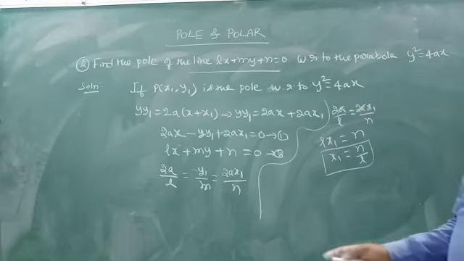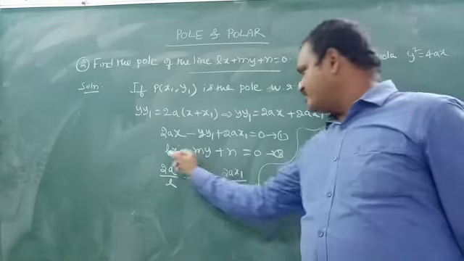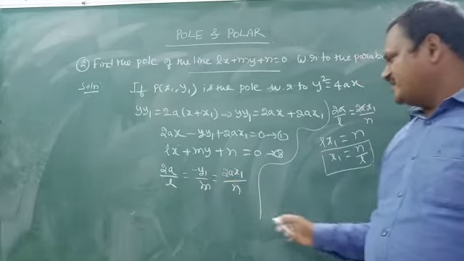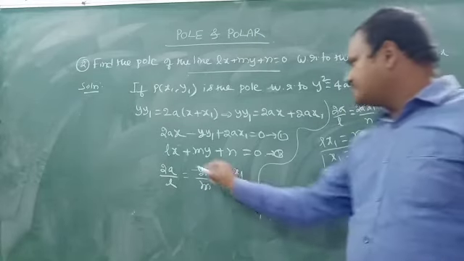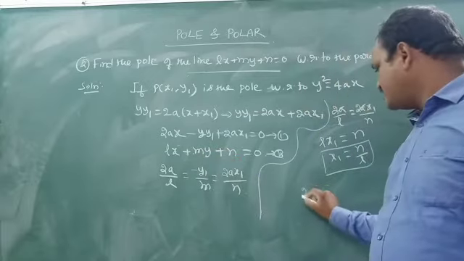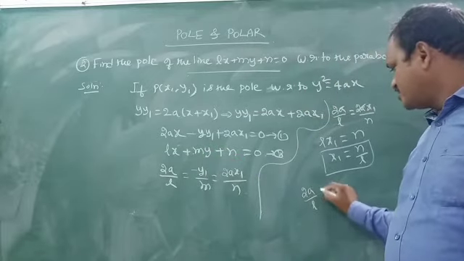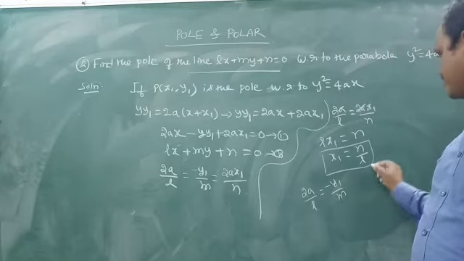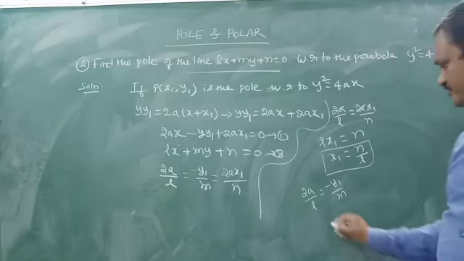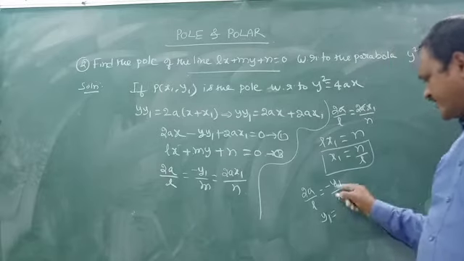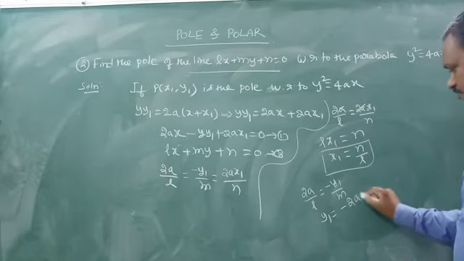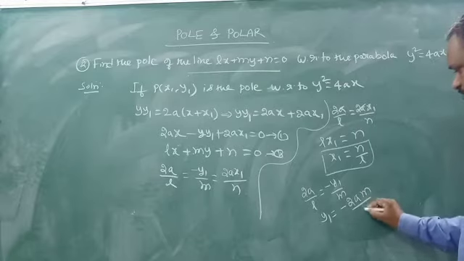Next, let us get the y coordinate, my dear students. Let us equate 2a by l is equal to minus y1 by m. From this, if you do the cross multiplication, y1 is minus 2am by l.